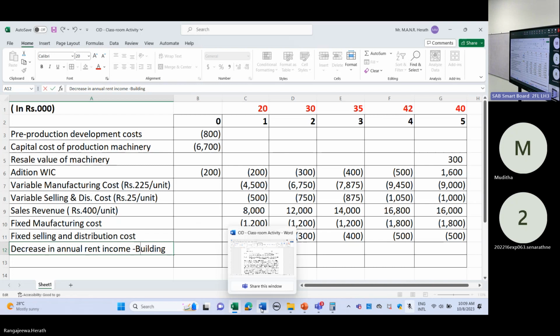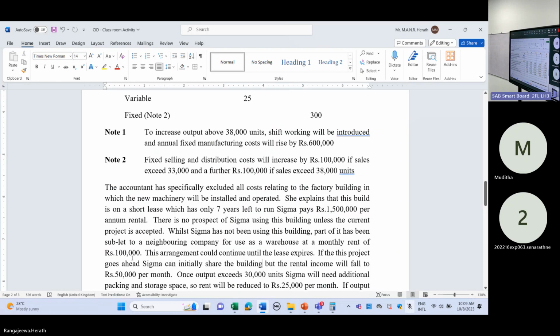When you accept this project, you can share it for your project as well as the warehouse, but you have to reduce the monthly rent to 50,000. That means the decrease of rent is 50,000 per month, 600,000 a year out of the loss.